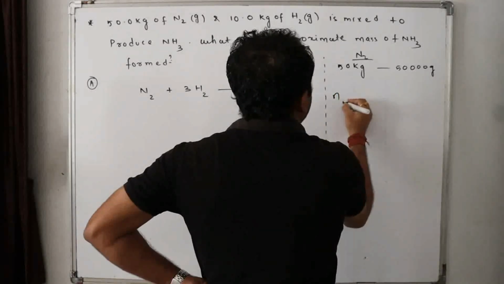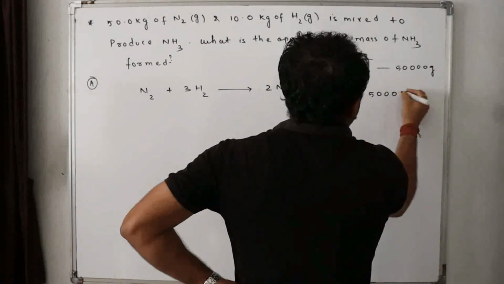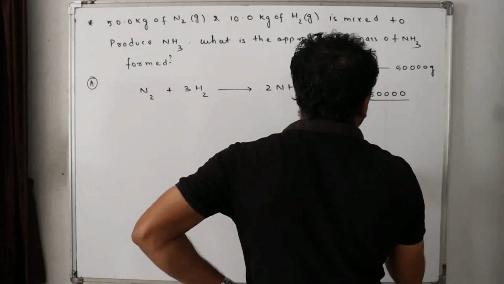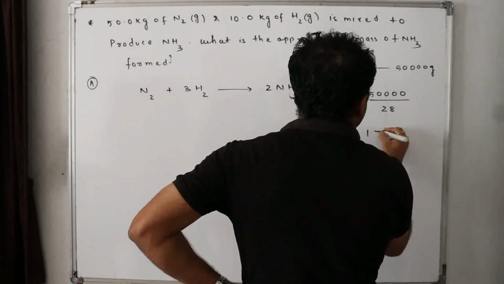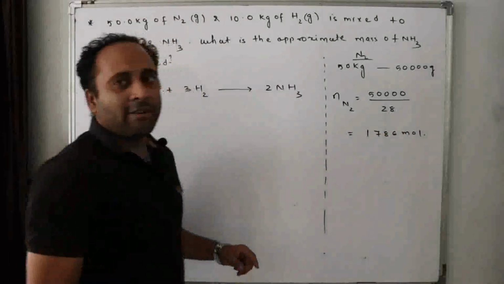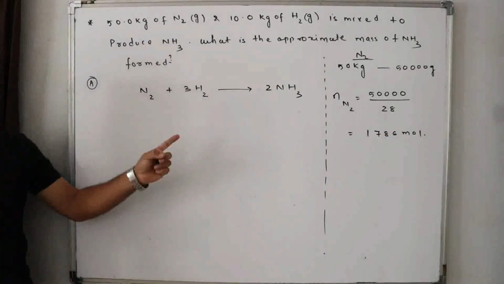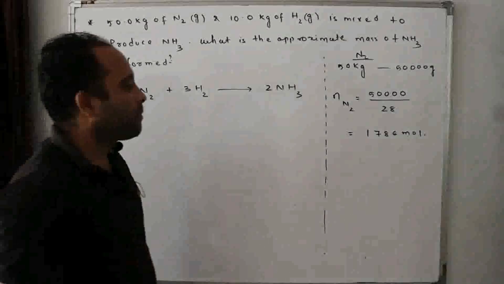It means the number of moles of nitrogen is how much? 50,000 by, what is the mass of nitrogen? 28. So it is approximately 1786 moles. Please check the calculation. I may be wrong. It is 1786 moles.